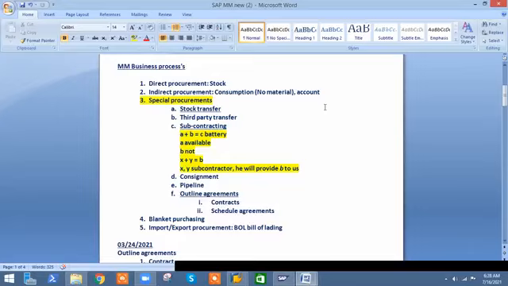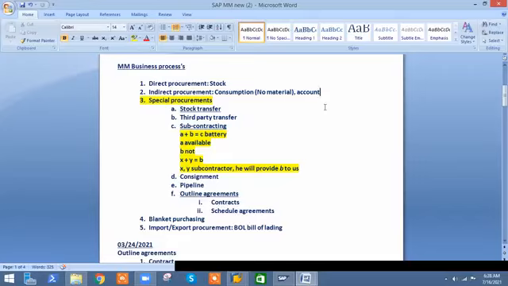Likewise, we have a reception, and different small departments in a particular organization. Suppose the accounting department needs some books, some printers, and A4 sheet papers. Those papers, stationery items, they need not for stock purpose but for daily use. They are going to use them, and we are going to procure those stationery items for consumption purpose.